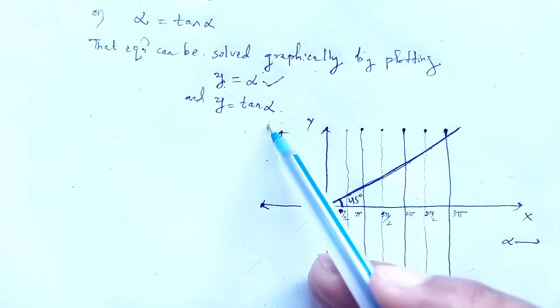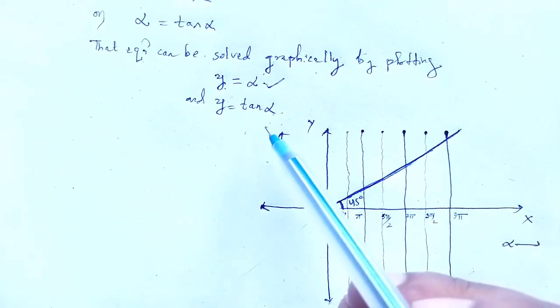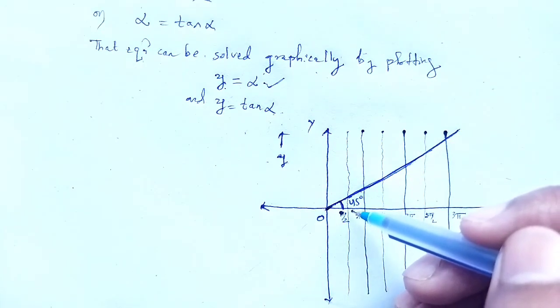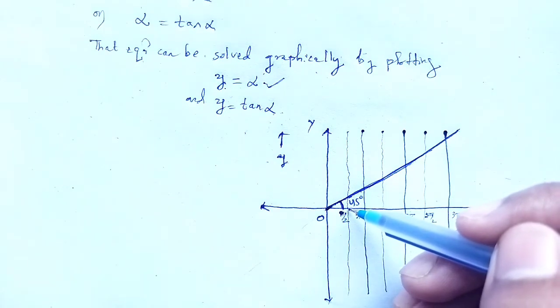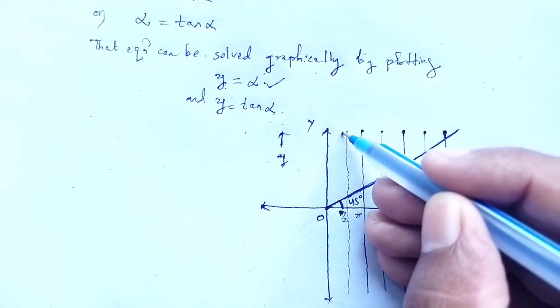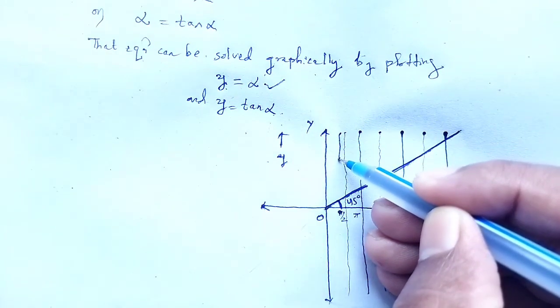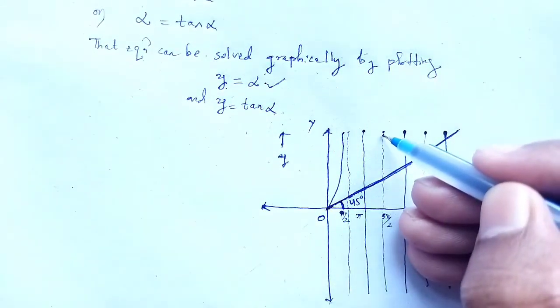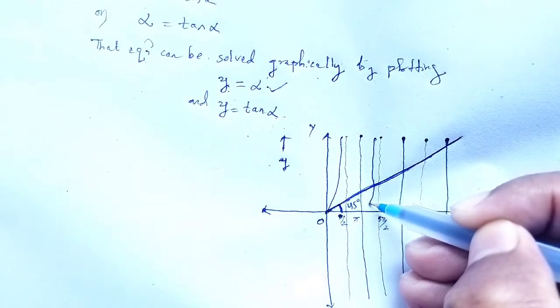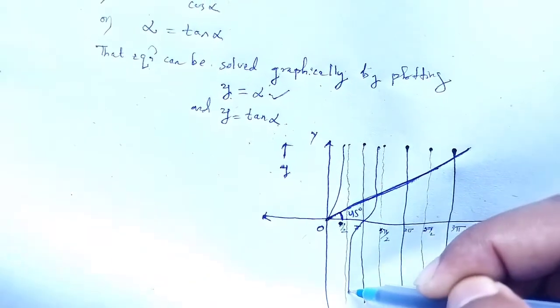So y is equal to tan alpha. Considering the graph of tan values, tan pi by 2 is at infinity here, and here at infinity again, and from 0 it goes to infinity.